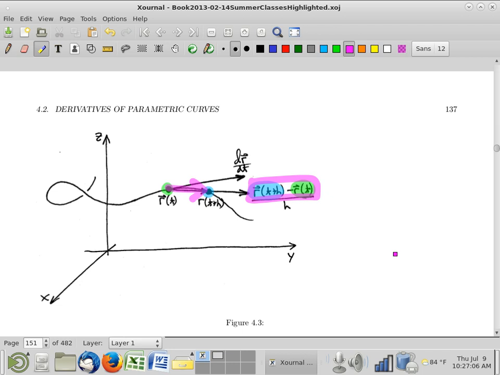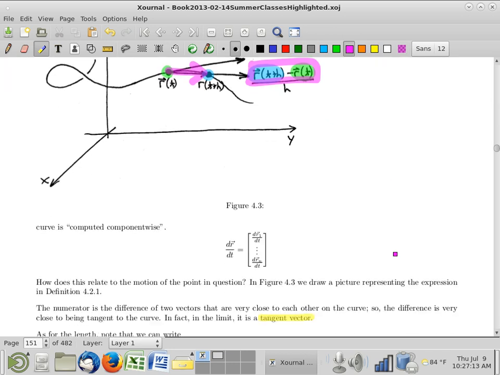It's never actually quite a tangent vector, but it gets closer and closer. So in the limit, not hard to persuade yourself that this is a tangent vector.